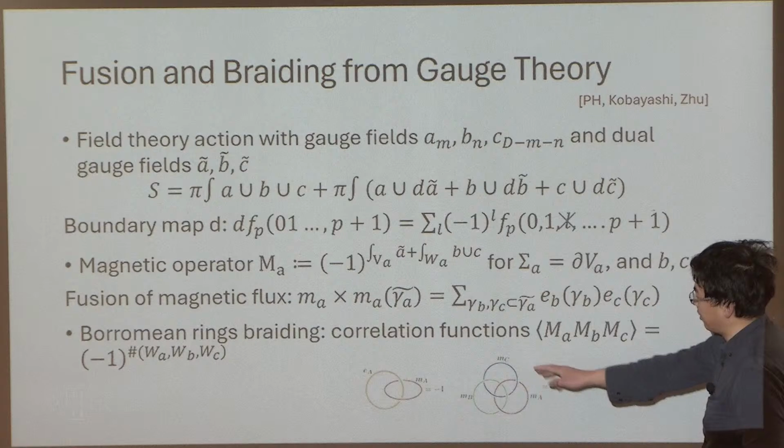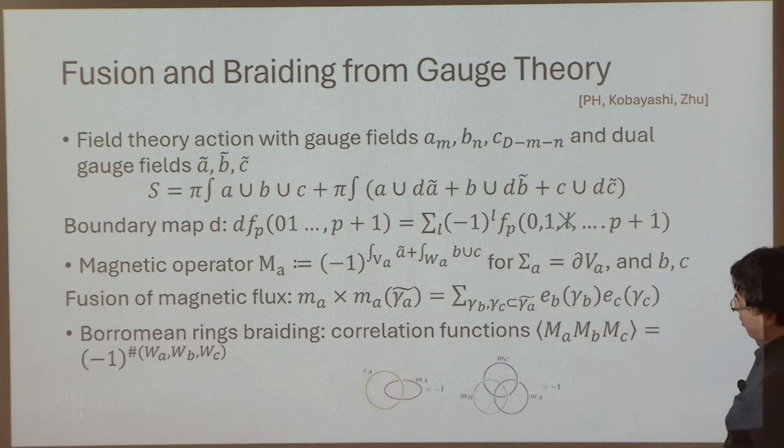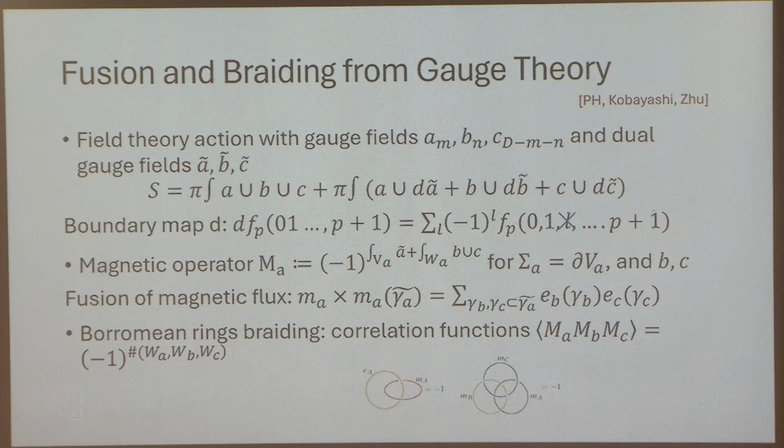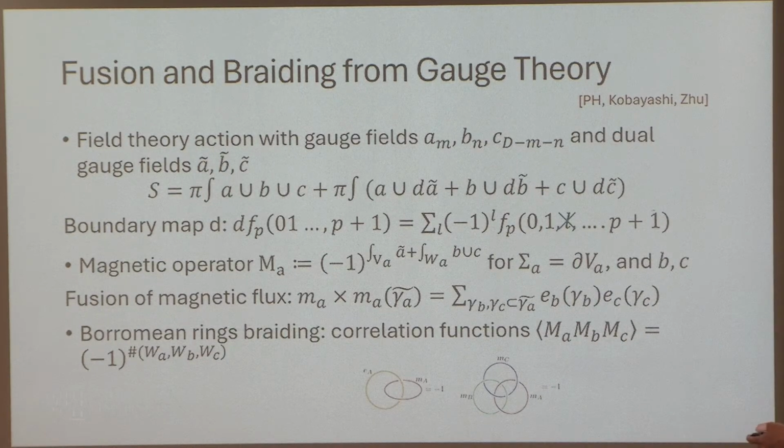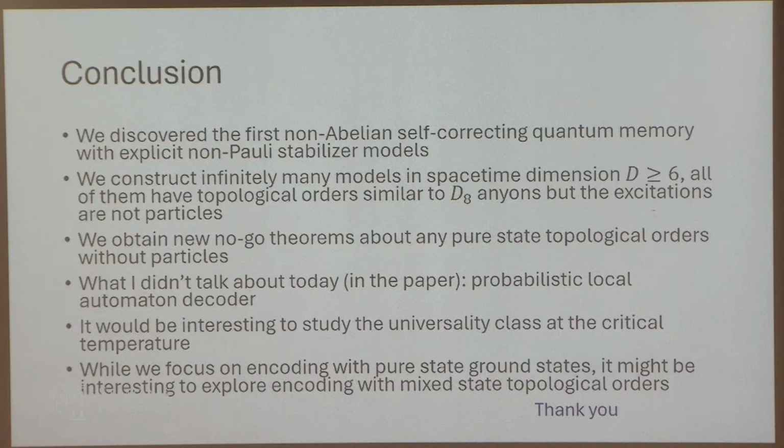So if you have excitations of the three Z2s, they can braid together using this Borromean braiding, and you'll find that you get -1. And then we can generalize all those constructions to any higher dimension.